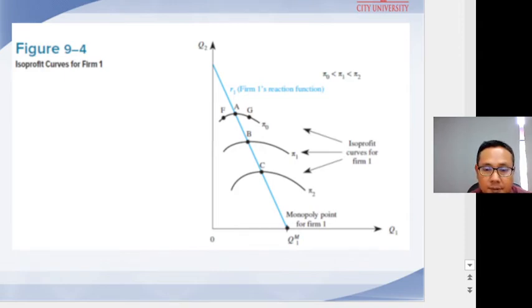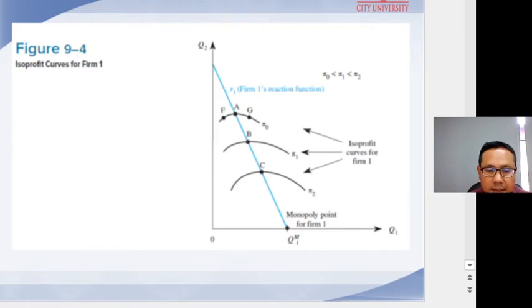For instance, isoprofit curve pi 0 peaks at point A, where it intersects R1, and pi 1 peaks at point B, where it intersects R1, and so on.